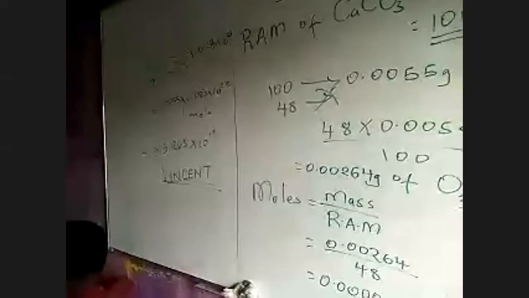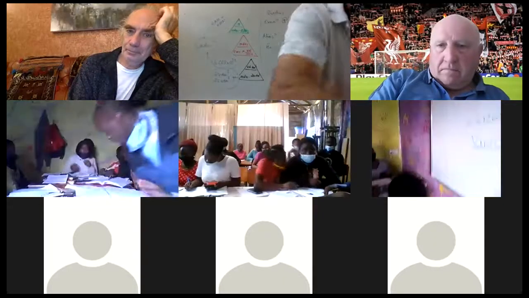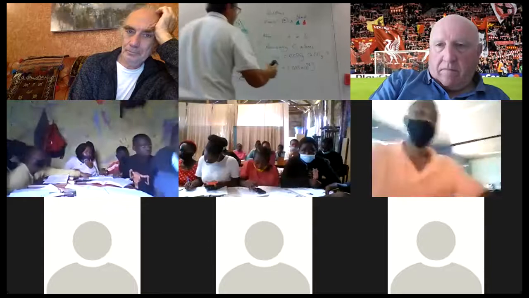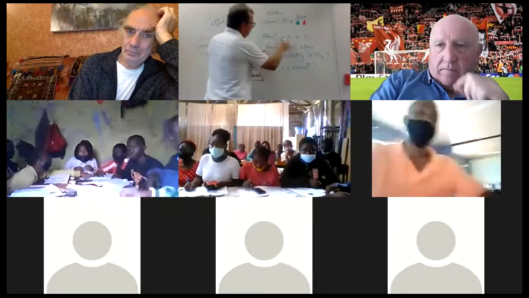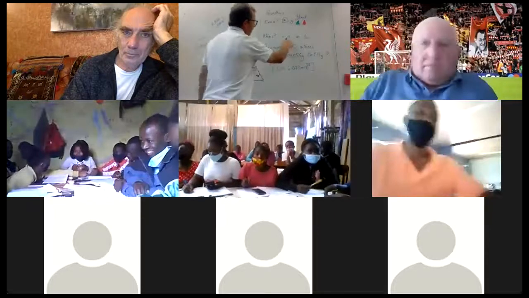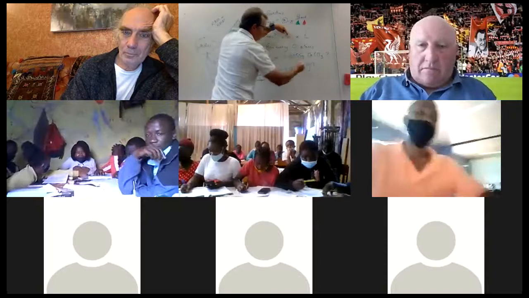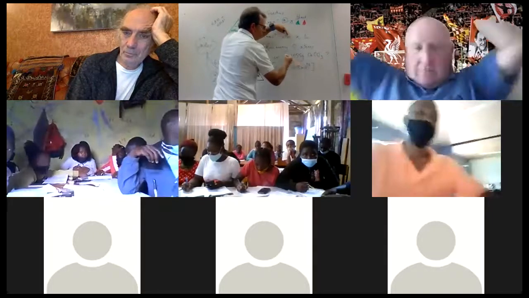Let's just look at it. Here we are. Everybody watch here just for a minute. If this is what I want to do, here I work out the number of moles. This is the amount of the chemical I have.